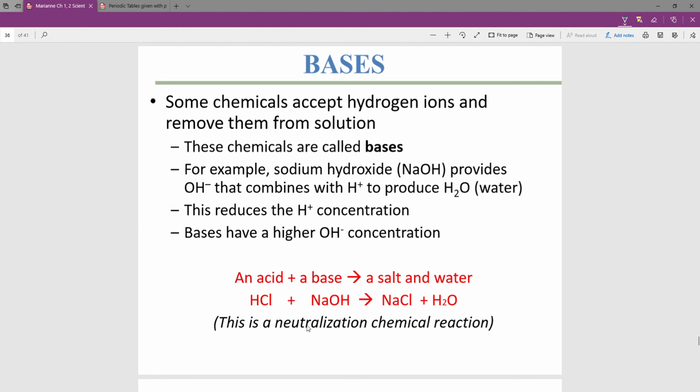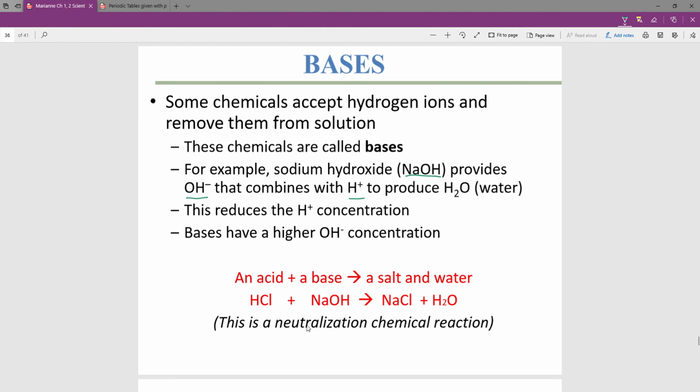As an example, we've got sodium hydroxide. So Na is sodium, and then we have this molecule OH. Remember, that had a negative. So sodium is positive, hydroxide has a negative. This is an ionic compound. And when it breaks up in water, it's going to contribute a hydroxide that combines with other H's in solution to make water.